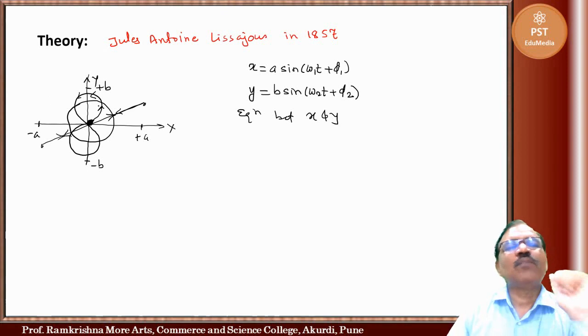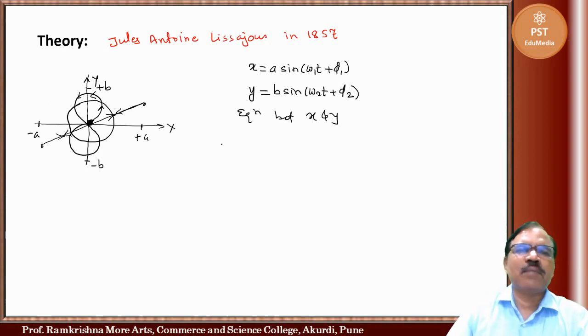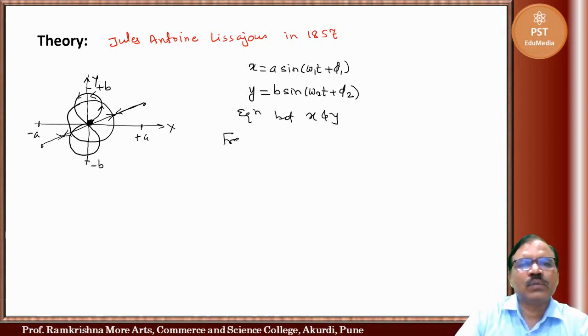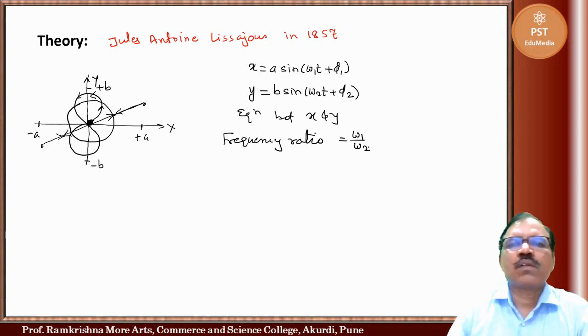Now the nature of that curve is decided by the frequency ratio, that is omega 1 upon omega 2. Suppose this ratio is a ratio of integers, then you will get a closed path.